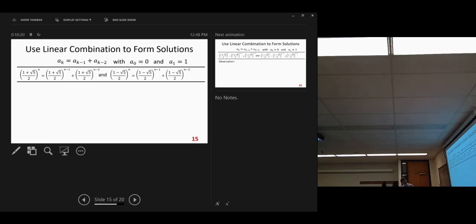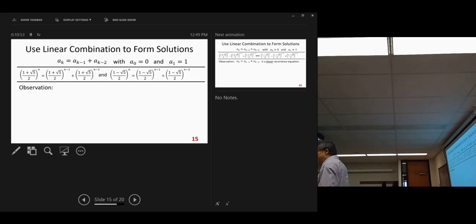Use linear combinations to form solutions. Let's try to get some observations about the property of the recurrence structure here. There is one simple property that is very useful. Remember, I mentioned at the beginning that this recurrence relation is a linear recurrence, right?